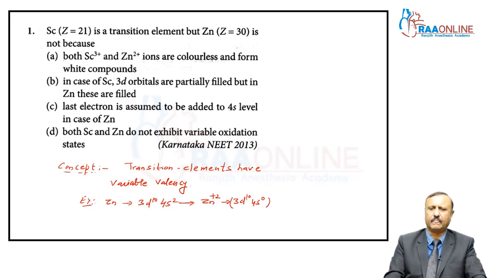You can see here no unpaired electrons are present in 3d10 after the removal of s electrons, and all the d orbitals are completely filled. So variable valency is not shown by zinc metal, only one valency is shown, and that is +2.